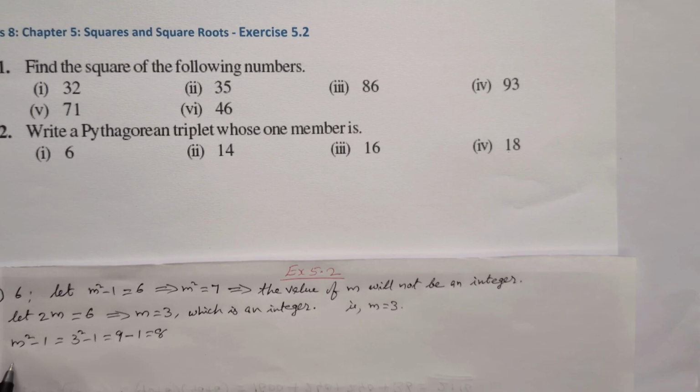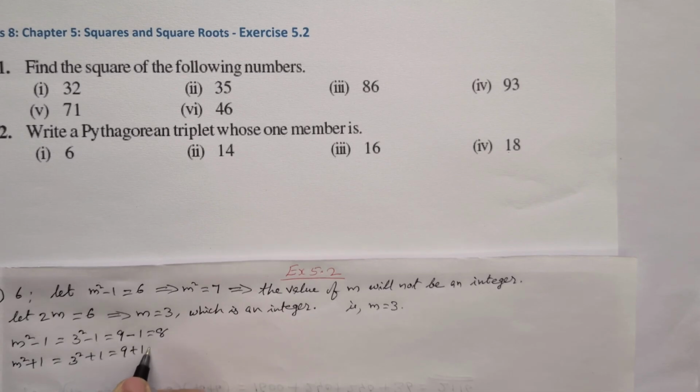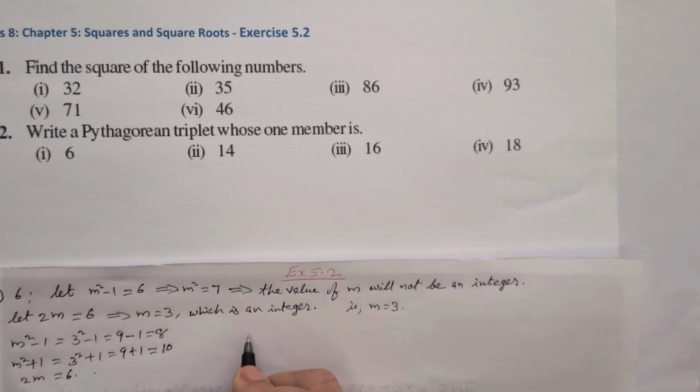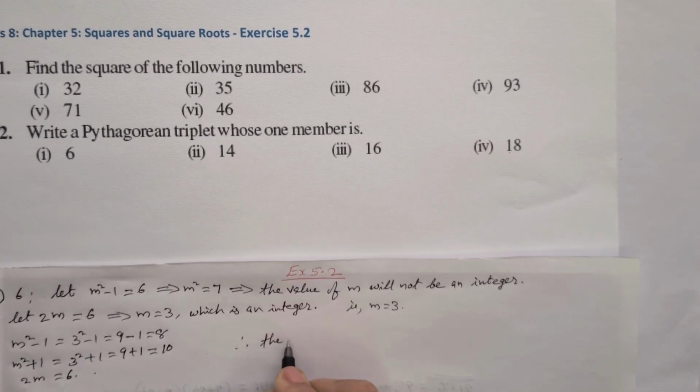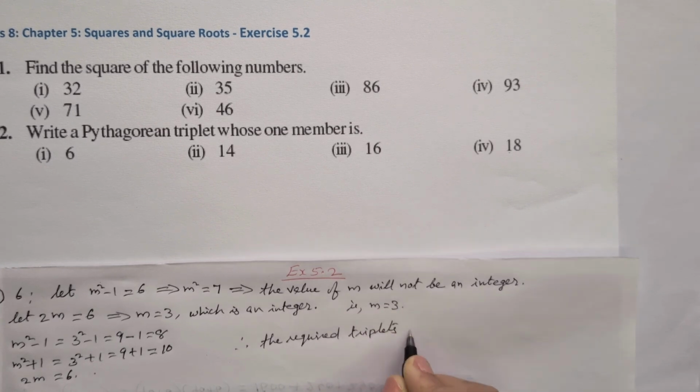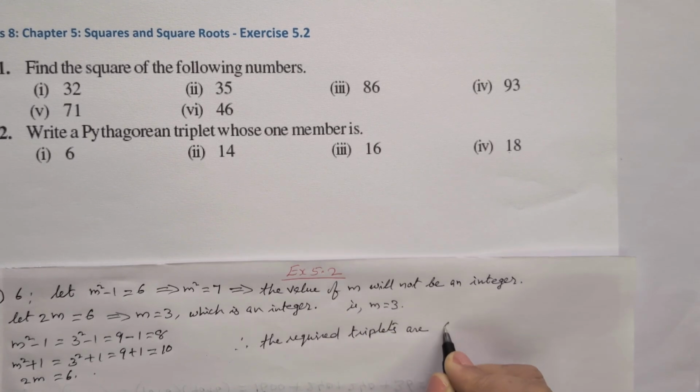Then m square plus 1, 3 square plus 1, 9 plus 1 is equal to 10. And 2m is equal to 6. Therefore, the required triplets are 6, 8, 10.